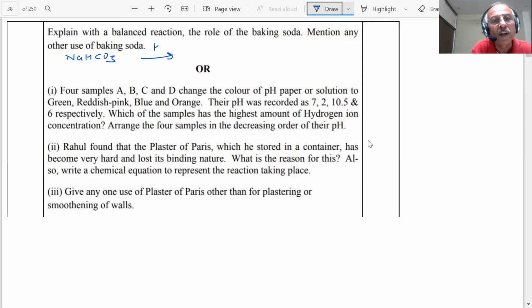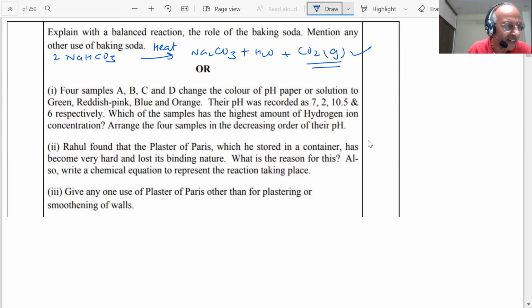You will heat it to make a cake. Then I have to balance this equation. You will get sodium carbonate, you will get water, and you will get carbon dioxide gas, student. This carbon dioxide gas is produced, student. What will this carbon dioxide gas do?